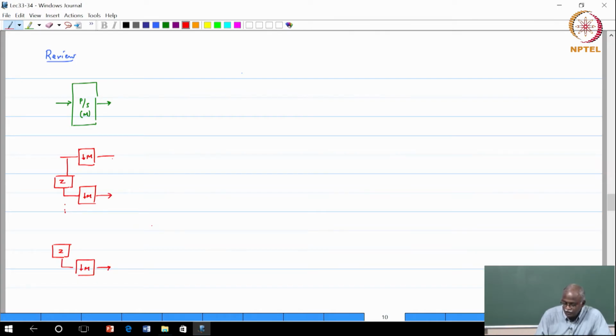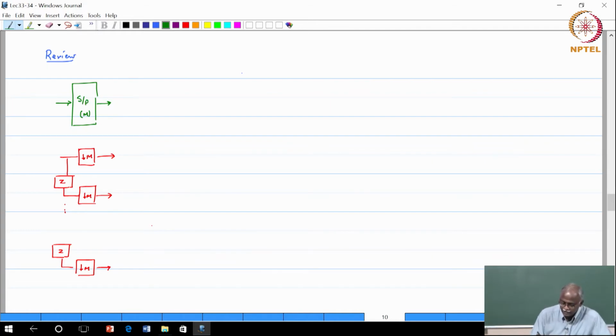So, this was the serial to, did I do that wrong? I am sorry. This is not parallel to serial. This is a serial to parallel converter.